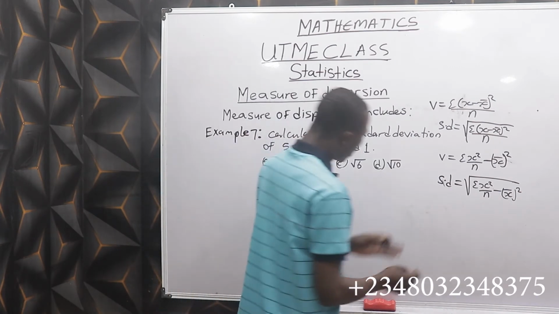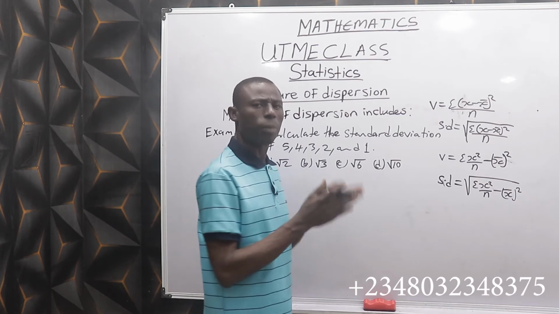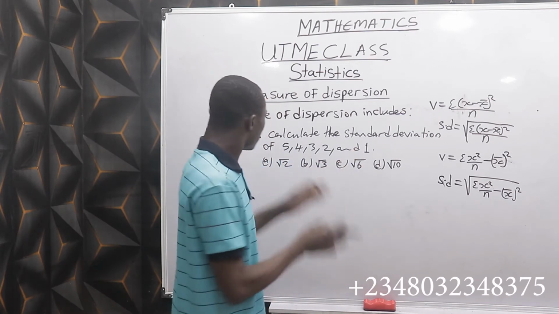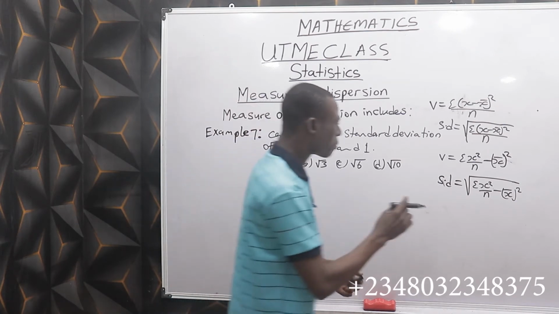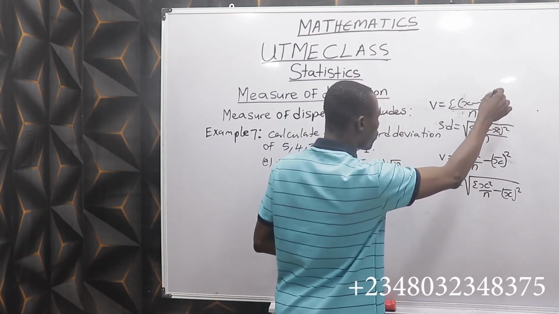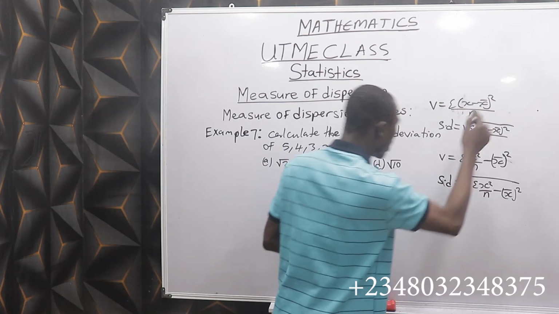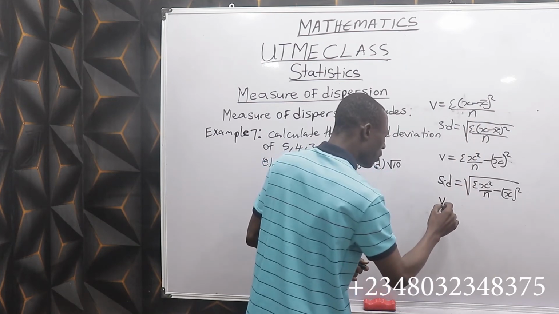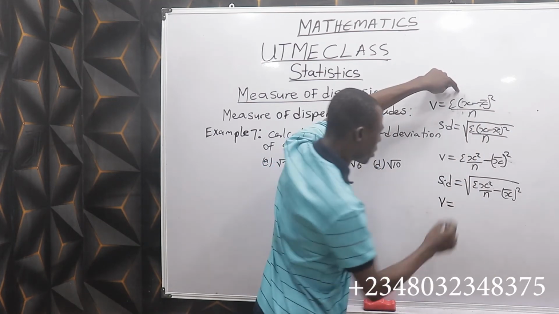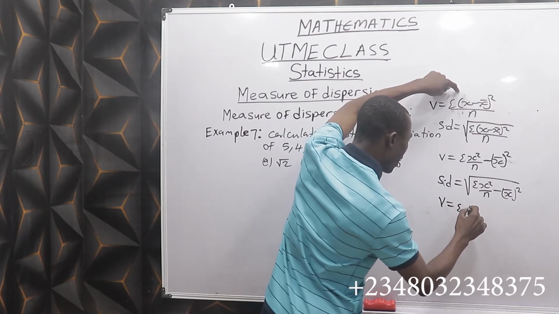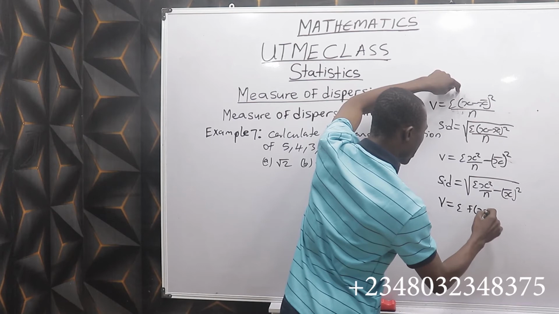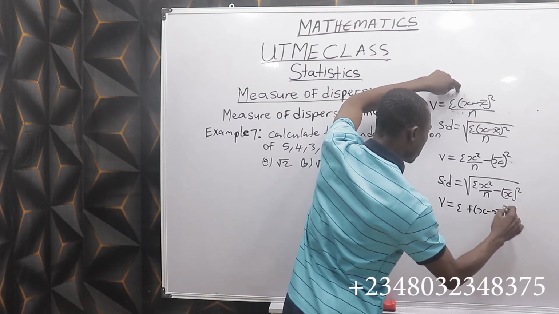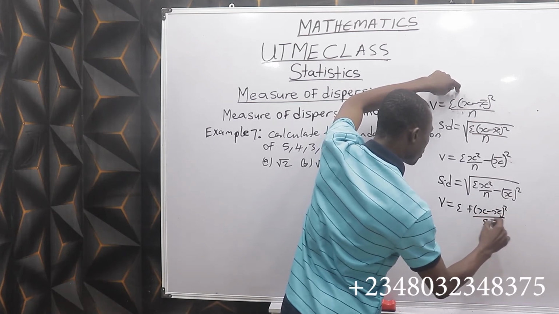But if you have a tabulated data in the table that will have frequency, instead of this formula that we have here, your variance will be, summation f will be included. Summation of frequency times x minus x bar all square divided by summation f.